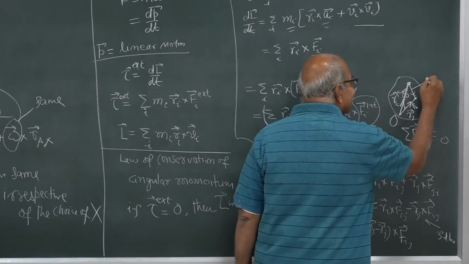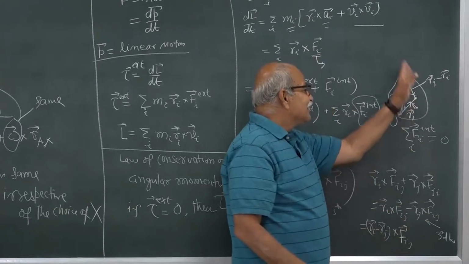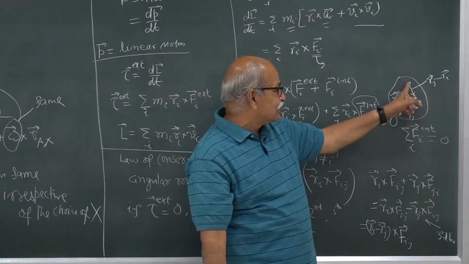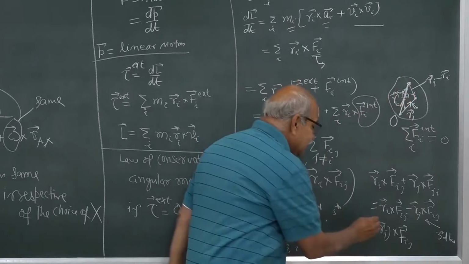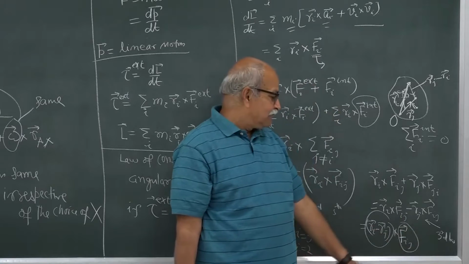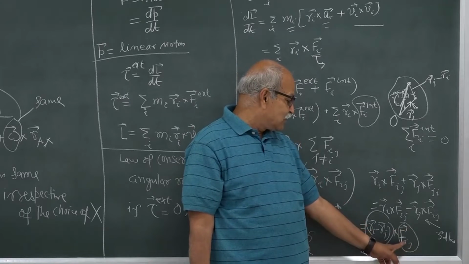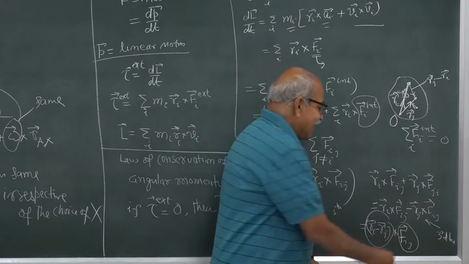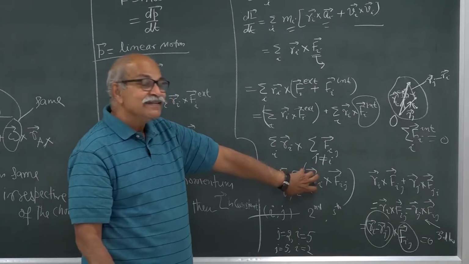This vector is Rj minus Ri, or this vector is Ri minus Rj. If the force is along the line joining the two particles, then this vector and this vector are parallel, and then this cross product will be 0, and I will be sure that this whole thing will be 0.